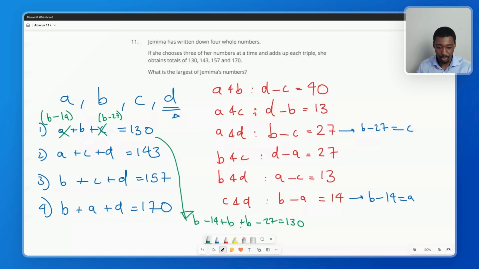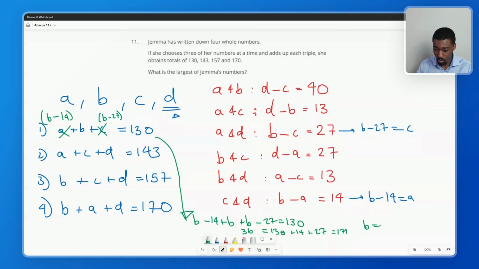So on the left-hand side, we should have 1, 2, 3B. On the right-hand side, we should have 130 plus 14 plus 27. 130 plus 14 is 144, plus 27, well, plus the 7 is 151, plus the 20 is 171. So it's 171. And therefore, B, we simply divide both sides by 3.